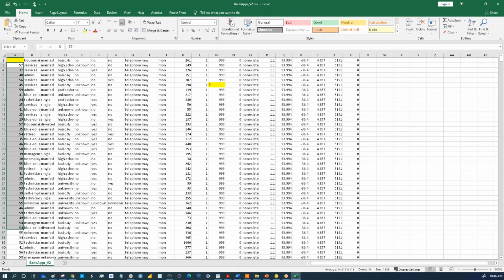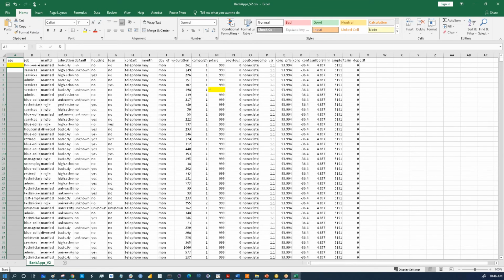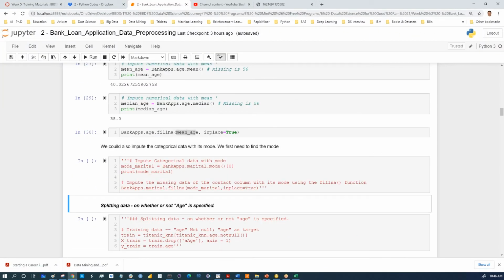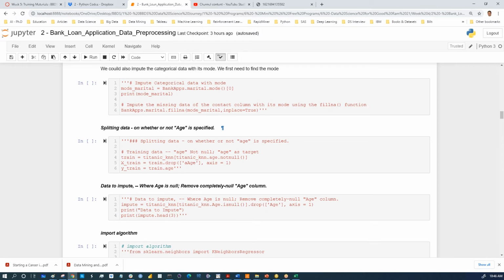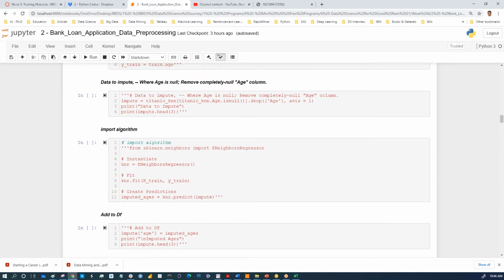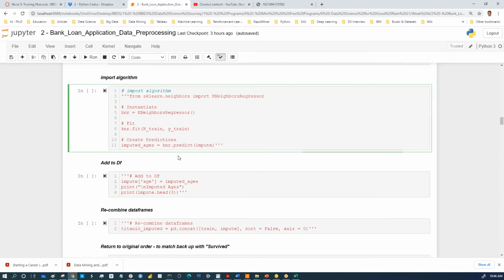You could split on that variable and use it as a target variable to predict using machine learning. We could also try a machine learning method like k-nearest neighbor, but this is way beyond the program, so I'm going to skip it.